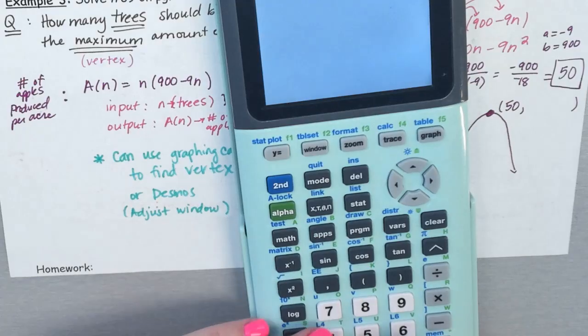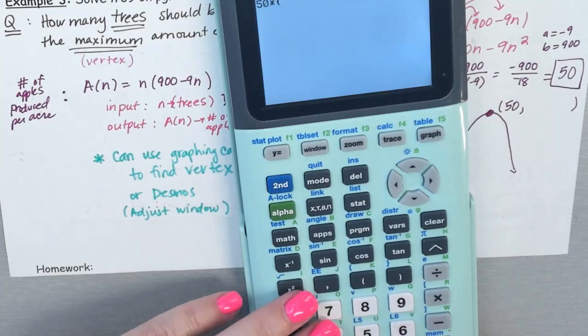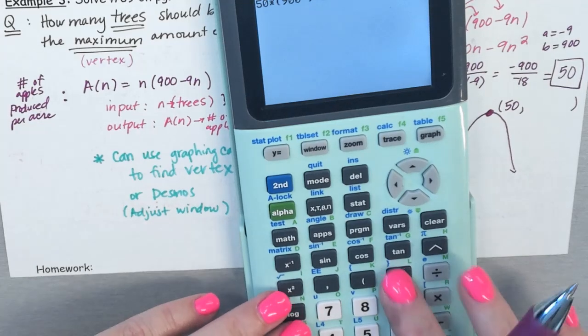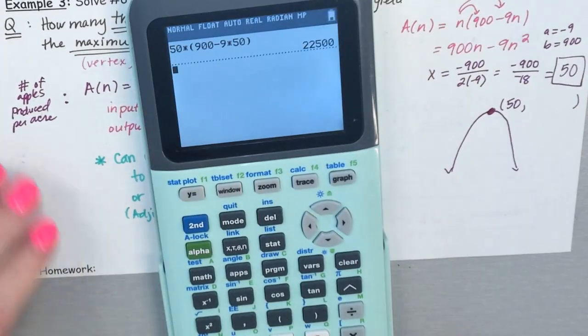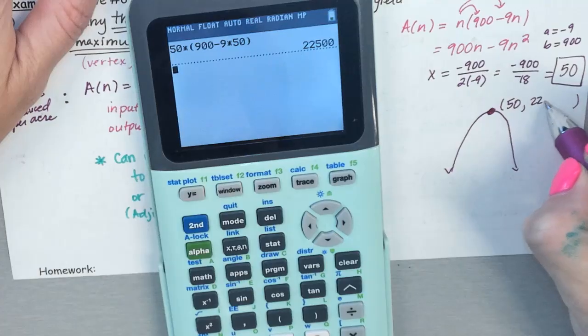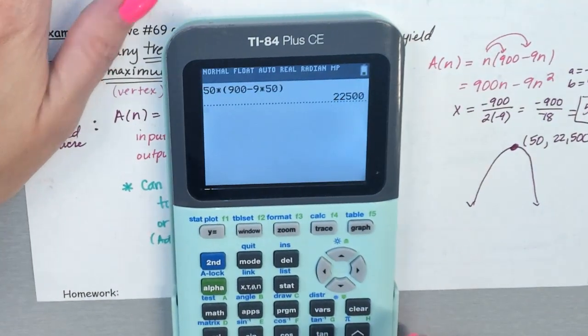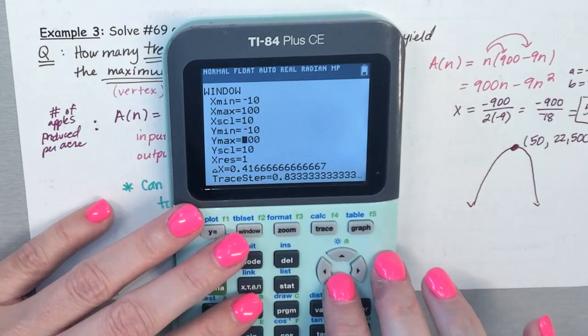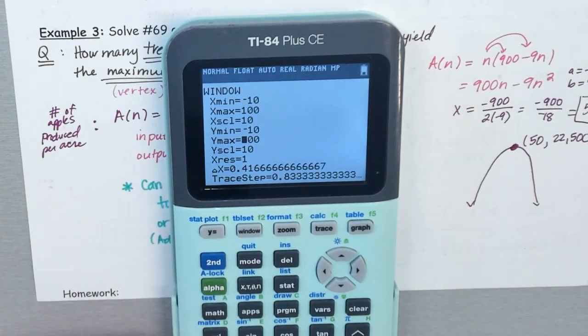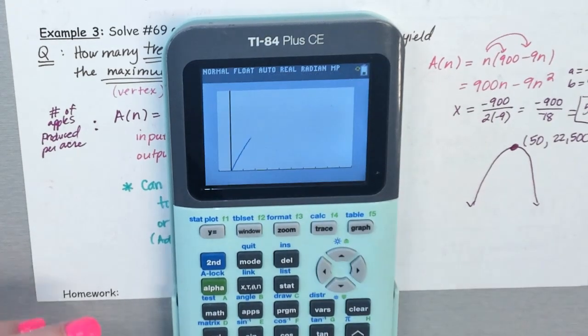So this would be 50 times 900 minus 9 times 50. And then see how it's a really large number. Again, it's faster to do it with algebra, but you could make this 30,000, go by hundreds.